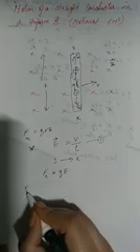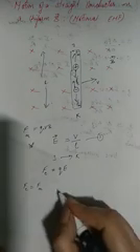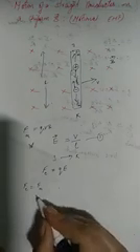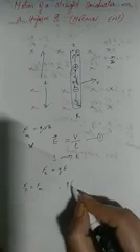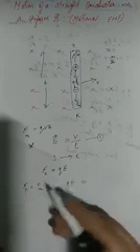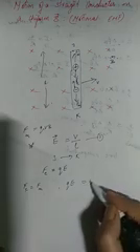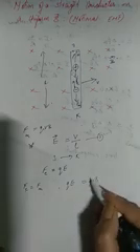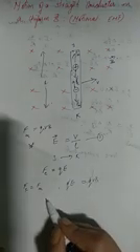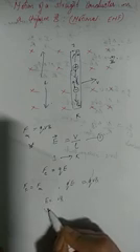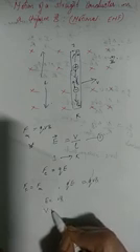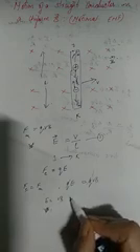So Fe is QE and Fm is QvB. Q gets cancelled. What we get is E equals vB, equation number 2.